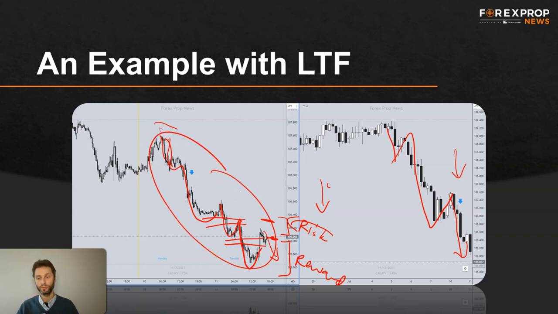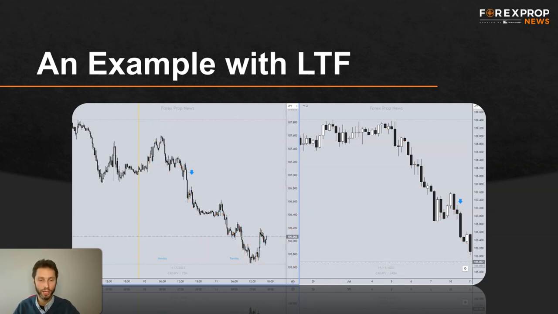But use the clean higher time frame to really get your bias and then switch to the low time frame to have a little bit more of a precise entry, precise parameters for your trade. So let's just delete that off the page and let's look at it cleanly again. How do we do this in practice?